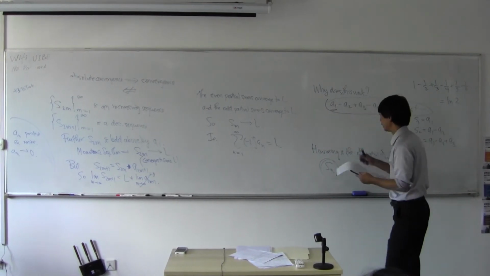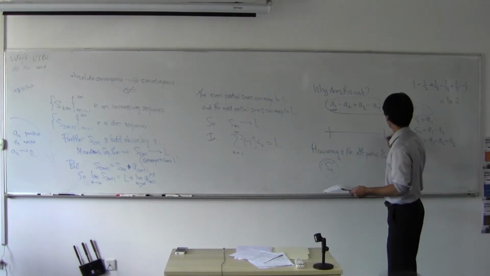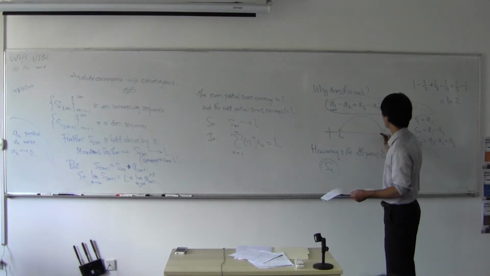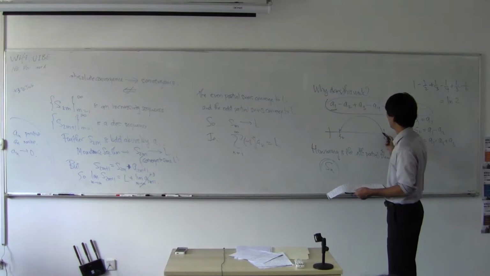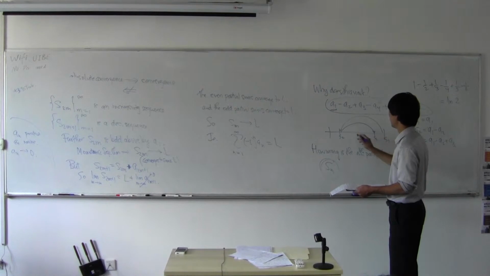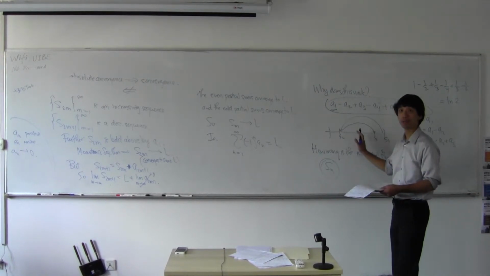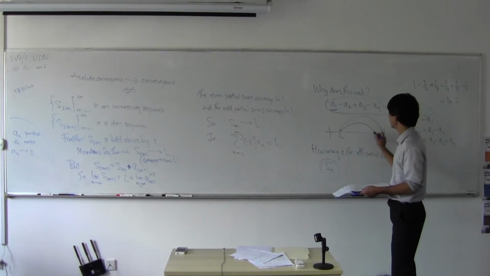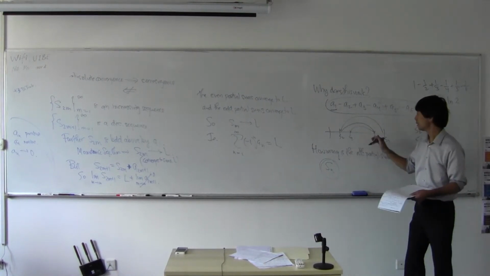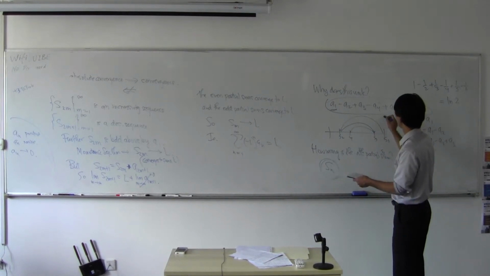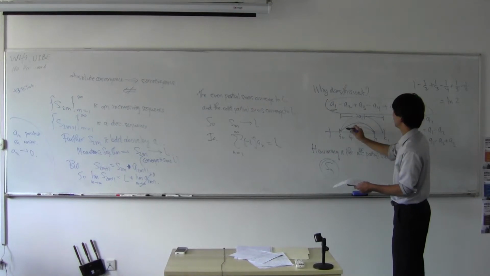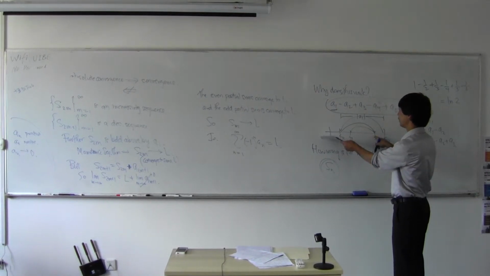So here's the picture again. Here is the first partial sum, the second partial sum, right? And to get there, we added on A2. Here's the third partial sum. To get there, we added on A3. Here's the fourth partial sum. To get there, we added on A4. So the distance between here and here is the absolute value of A1. Distance between here and here is the absolute value of A2.